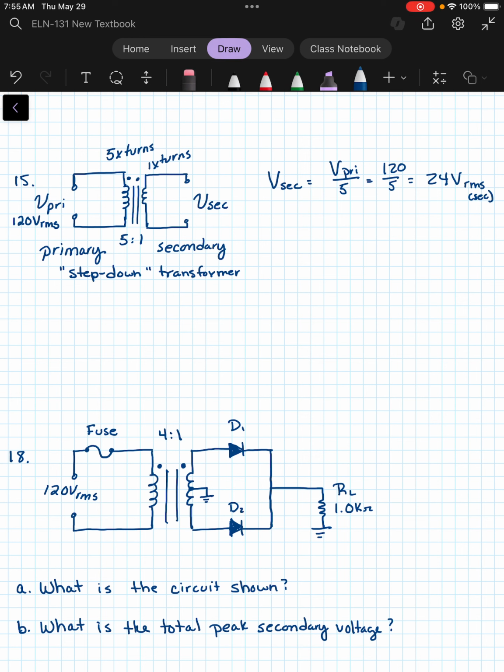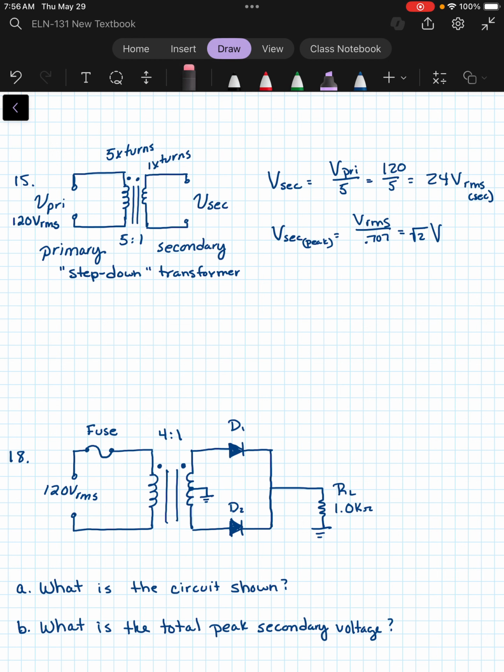Now, if you wanted to find the peak for the secondary, which we would be looking at with an oscilloscope, you could do that. So the voltage of the secondary peak would be the RMS voltage divided by 0.707, or the RMS times the square root of 2.